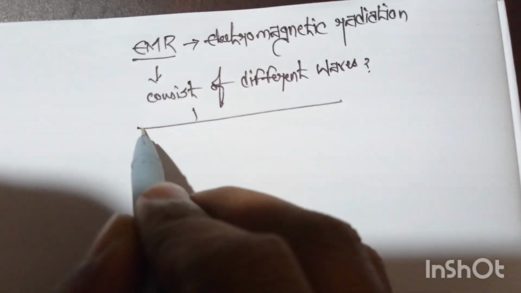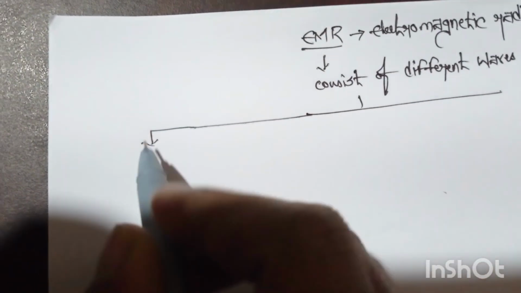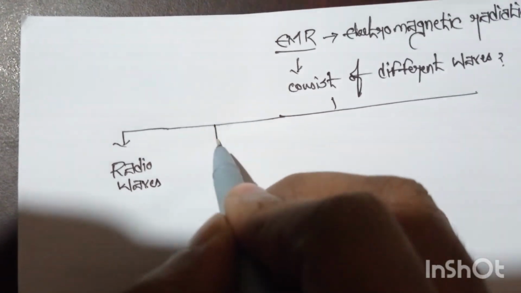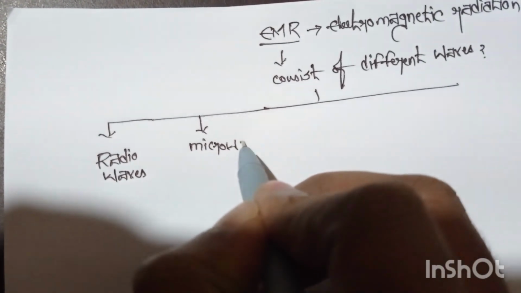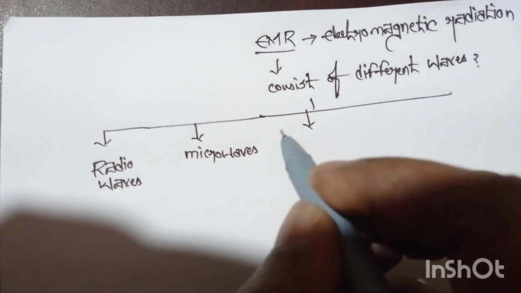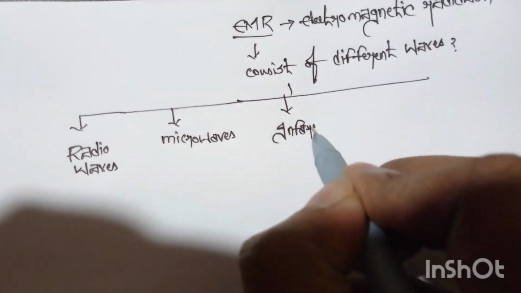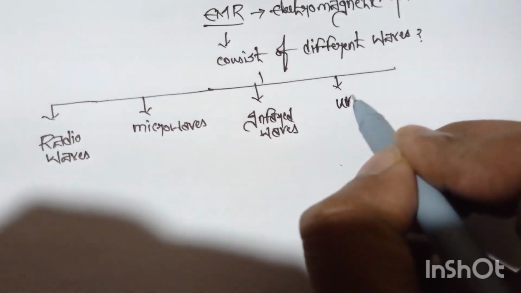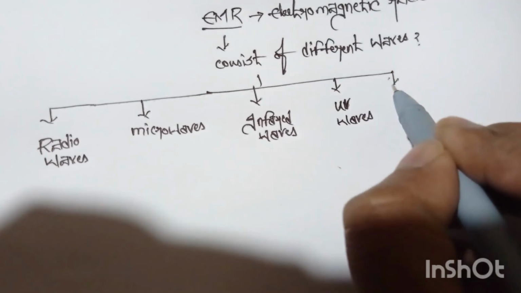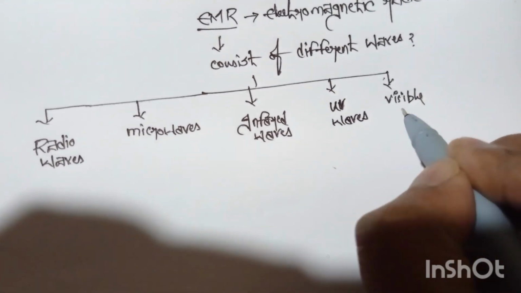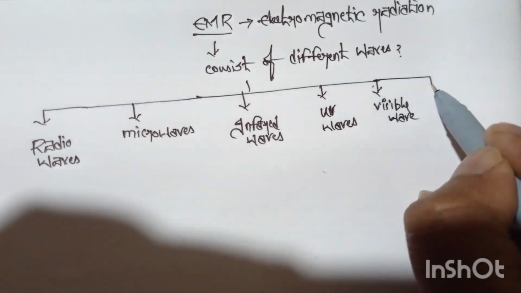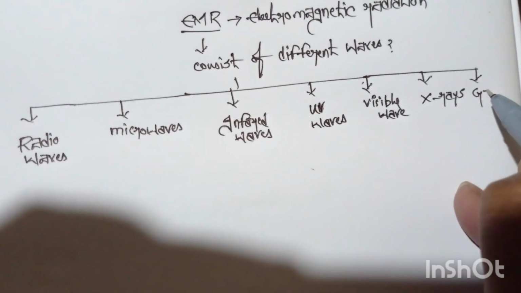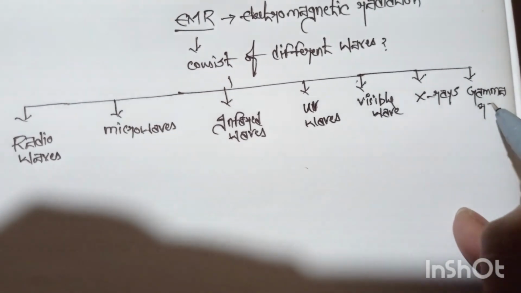It includes radio waves, microwaves, infrared rays, UV waves, visible waves, X-rays, and next, gamma rays.